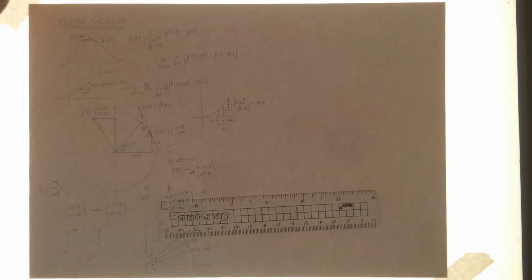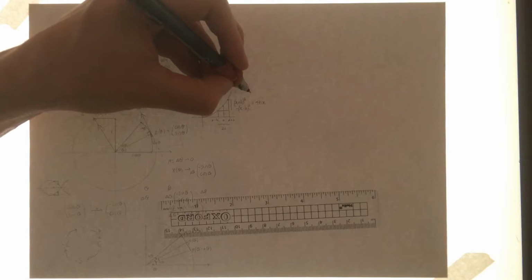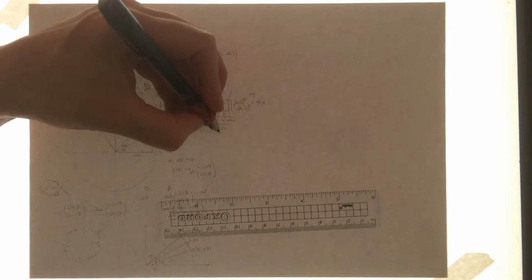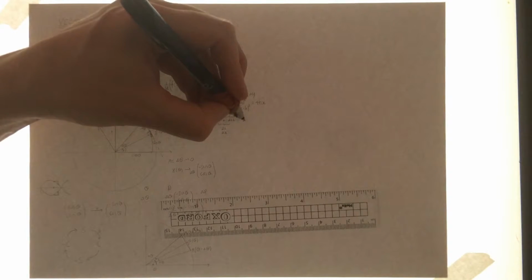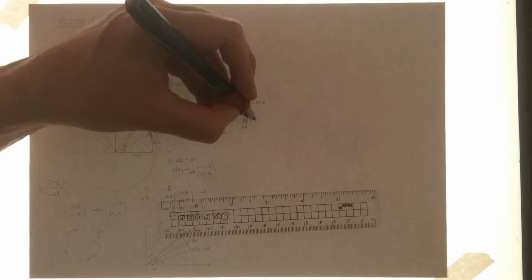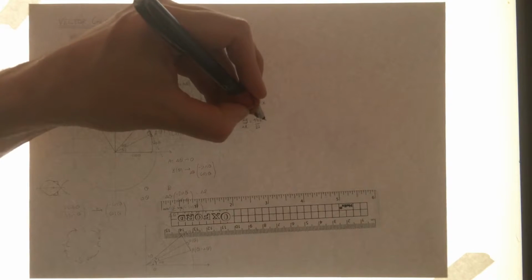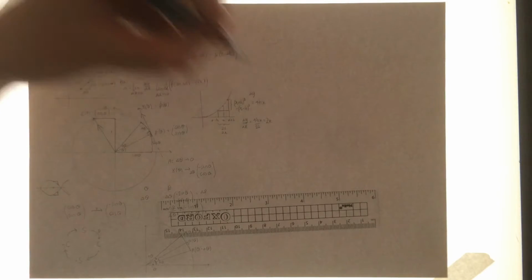So this simplifies to 4xh, so that's change in y, that's change in x, so change in y by change in x equals 4hx over 2h equals 2x.